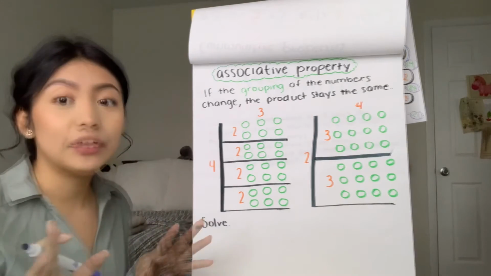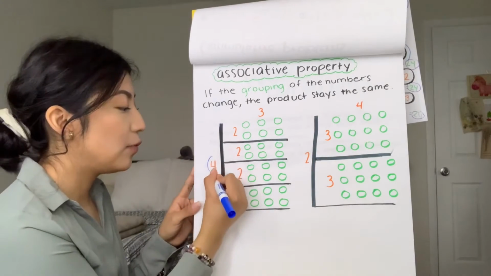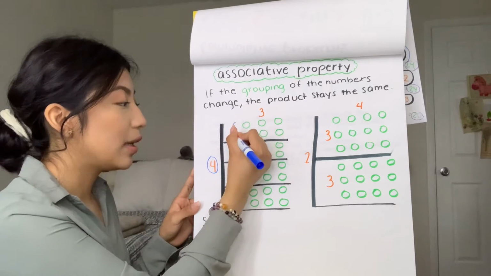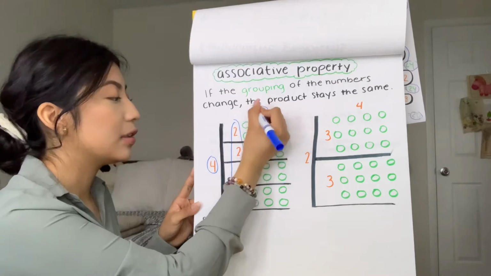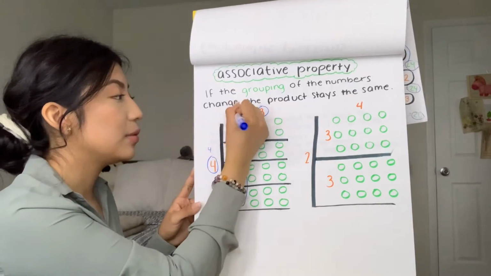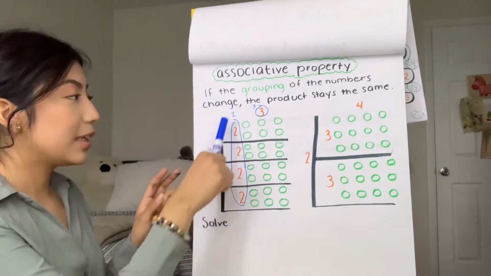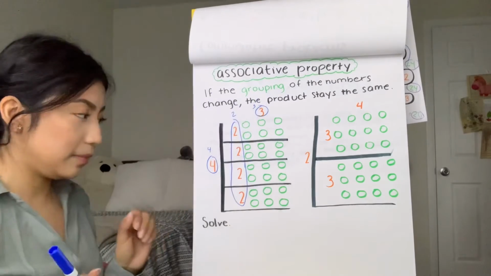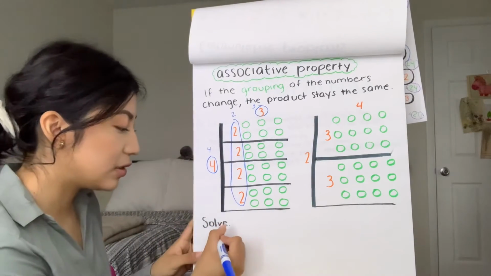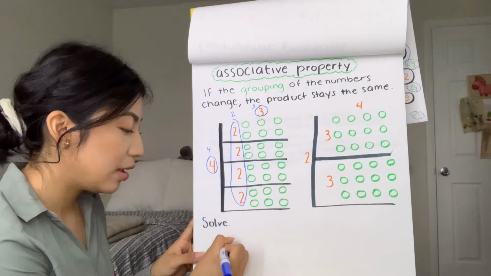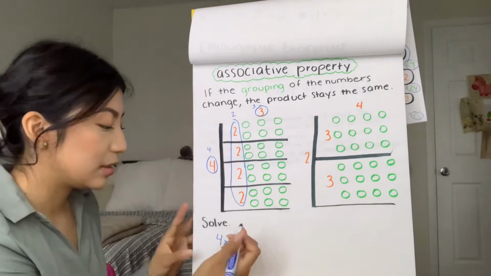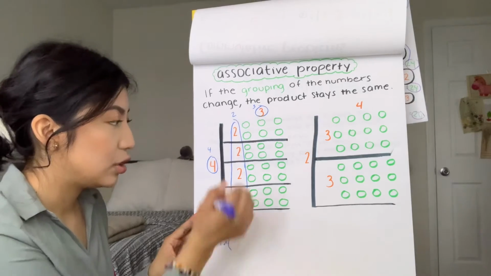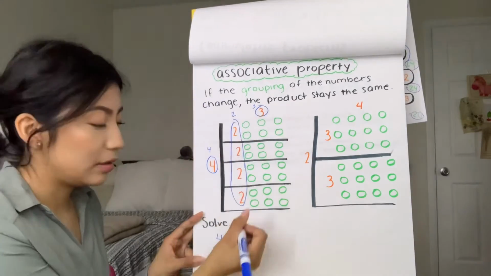Can anybody circle our numbers? Okay, so we have our 4 here, we have our 2, and we have 3. So we have 4, 2, and 3. So let's look at these numbers. So let's do our 4 times, we're gonna do our parentheses, 2 times 3, all right?